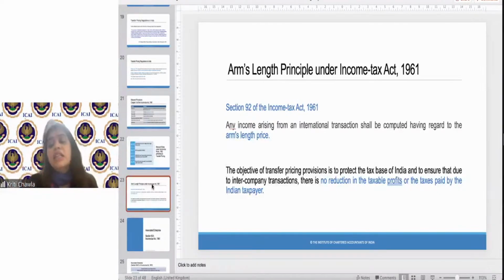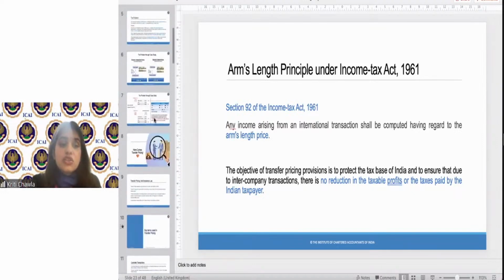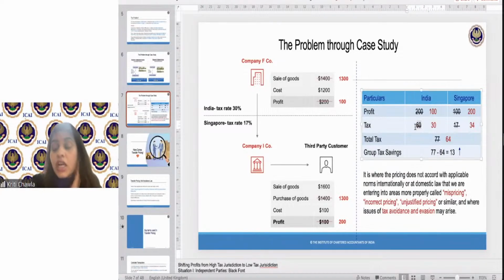And India has done this so as to make sure that India gets its fair share of taxes. So that if initially in India they were paying a tax of 60 rupees, they should continue to pay tax of 60 rupees in India. They should not lower it down to 30 rupees.